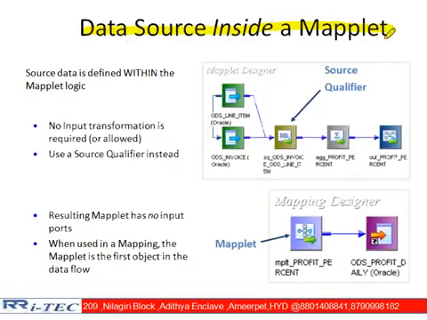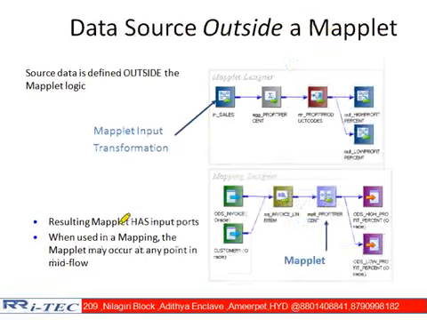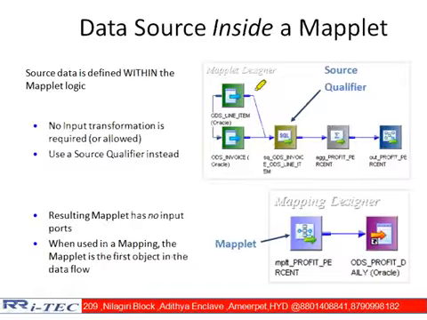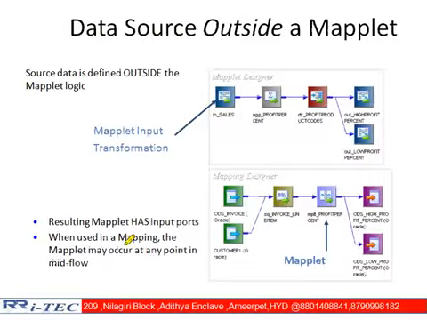Data source inside a maplet, how does it look? See here, inside the maplet itself I now have sources also available. Previously, inside the maplet, I didn't have the sources. But in this case, I have the sources inside the maplet. Previously we used this anywhere in the middle of the flow.